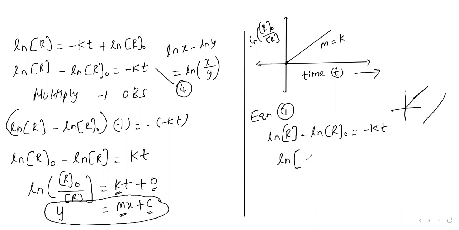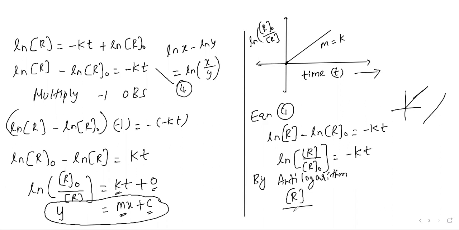Then you can write this as ln of r by r naught equals minus kt. By taking the anti-logarithm, we'll be getting r by r naught equals e power minus kt.